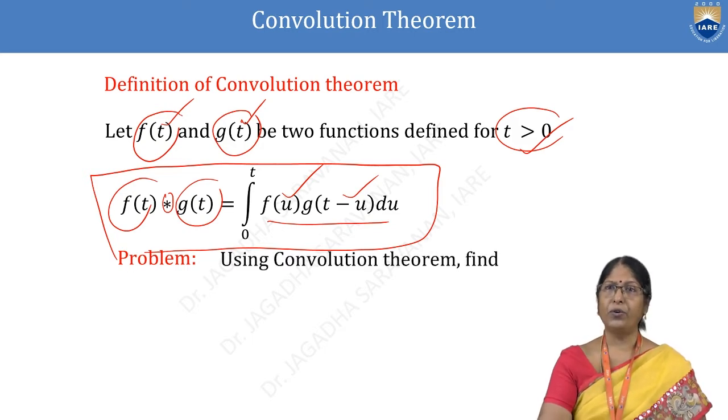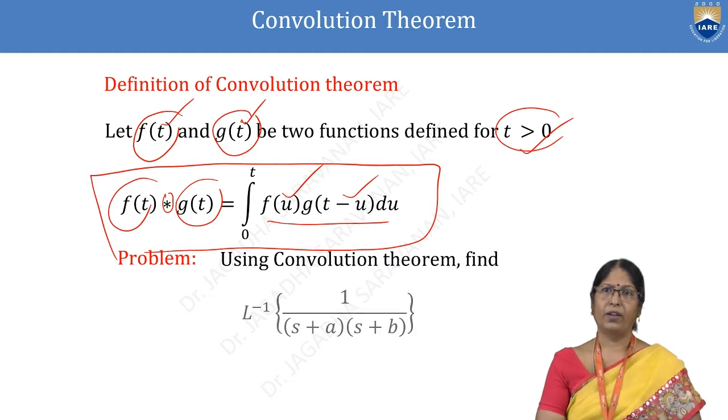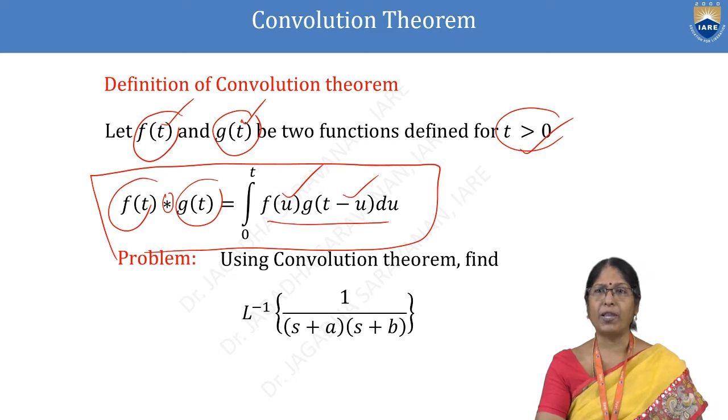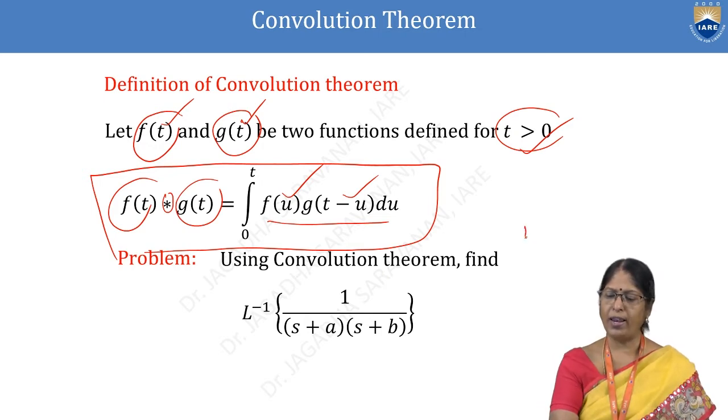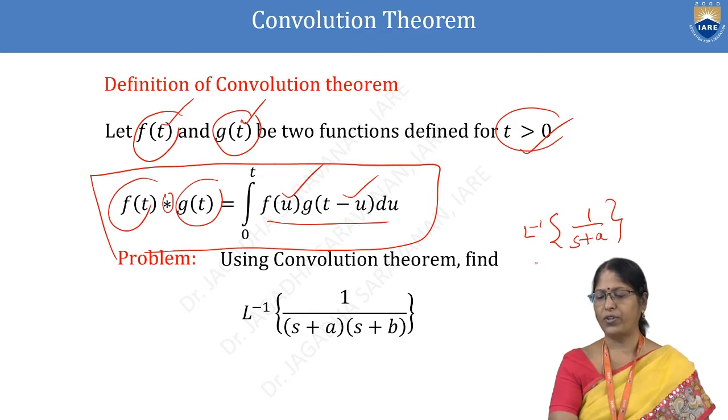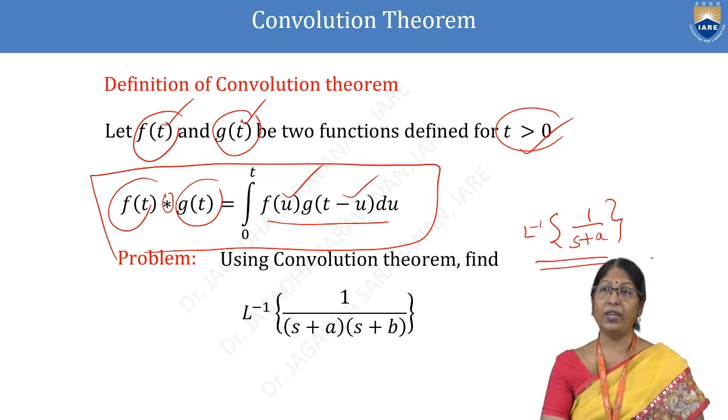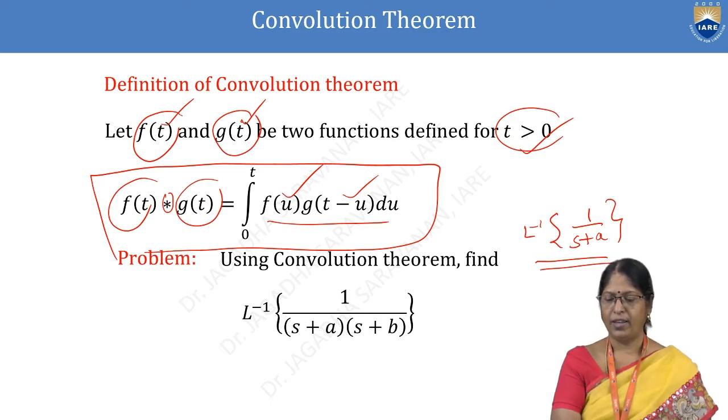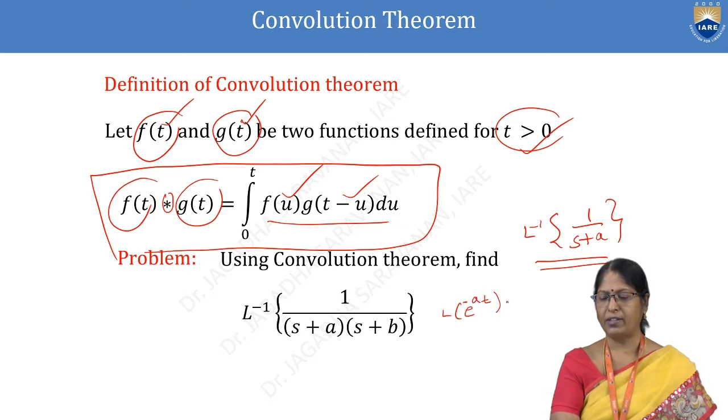The question is, using convolution theorem, find L inverse of 1 by s plus a into s plus b. Looking at this problem, if it were only L inverse of 1 by s plus a, it is very easy, because the available formula is L of e power minus at equals 1 by s plus a.